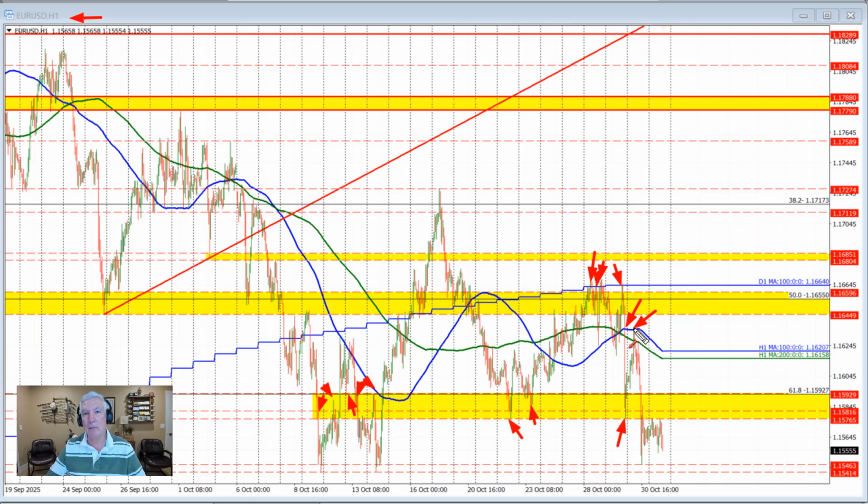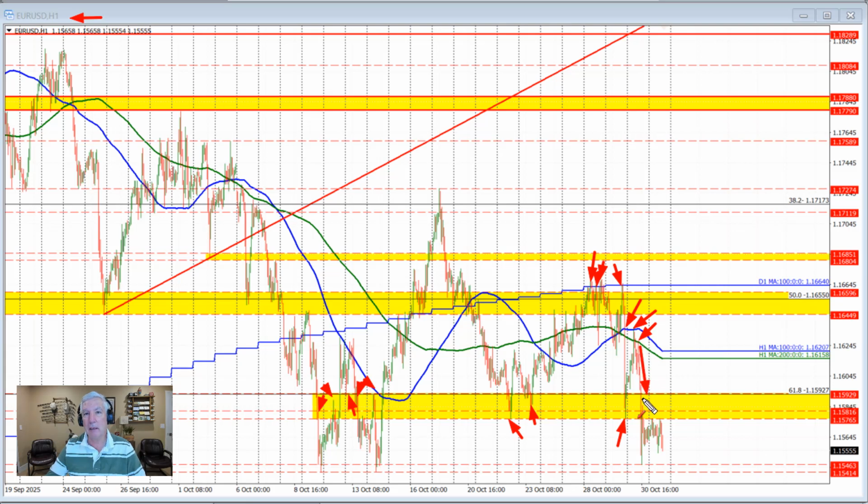What I like about the bounce being a quick one was that the price on Thursday went right up to the 100-hour moving average. We did get through the 200, but stalled at the 100 and started its rotation back to the downside after testing the 200 right here on this corrective move, which is another good sign for the sellers.